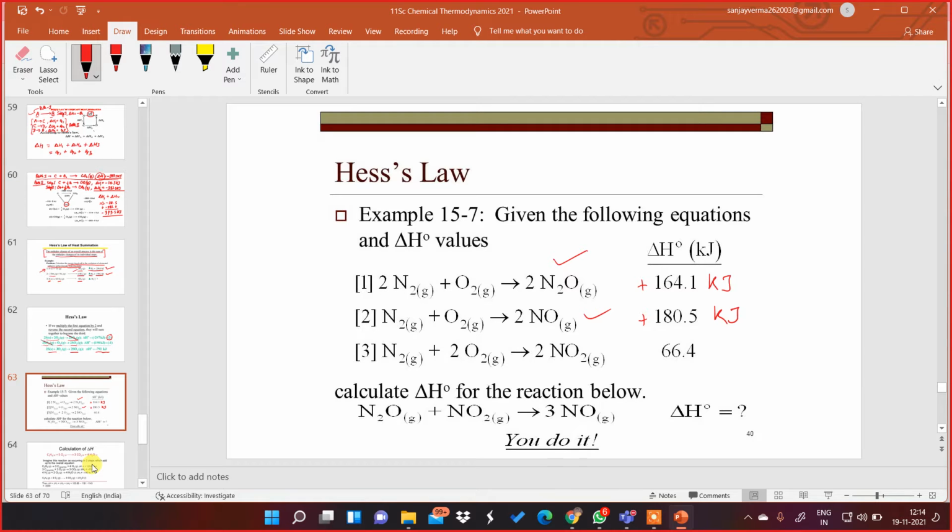And for the formation of nitrogen dioxide, it is given plus 66.4 kilojoules. Now they are saying, using these values, calculate delta H naught for the reaction given below. In this reaction, nitrous oxide reacts with nitrogen dioxide to form nitrogen monoxide. So you have to calculate delta H naught. Try this one. I am waiting. You do it.